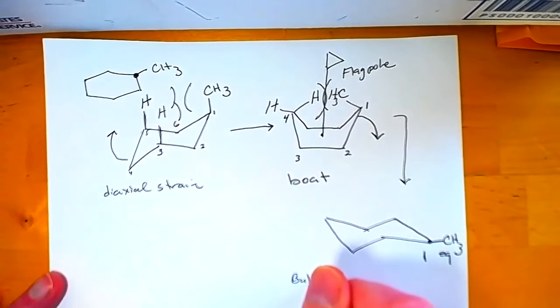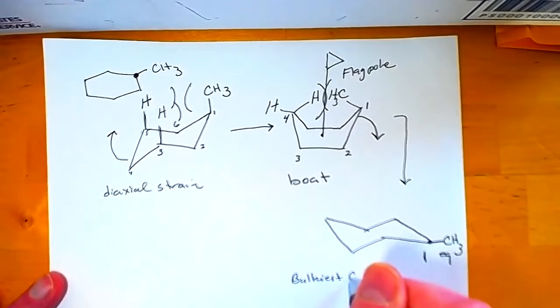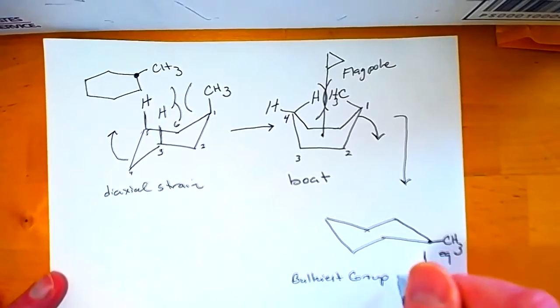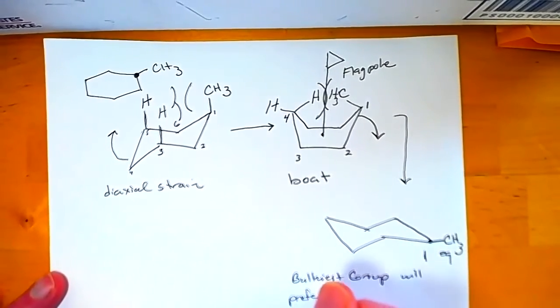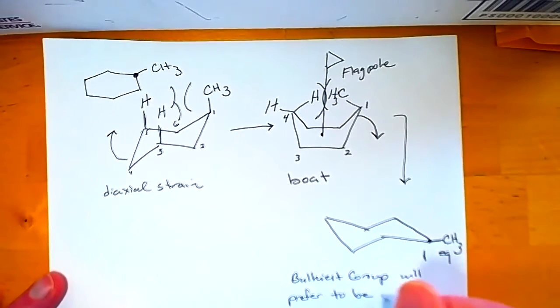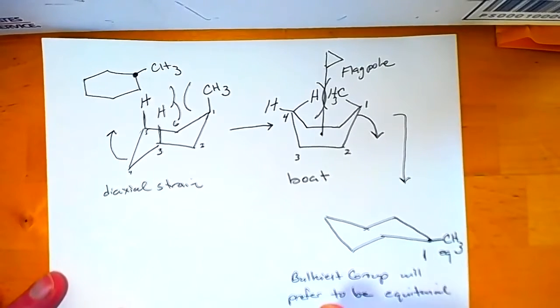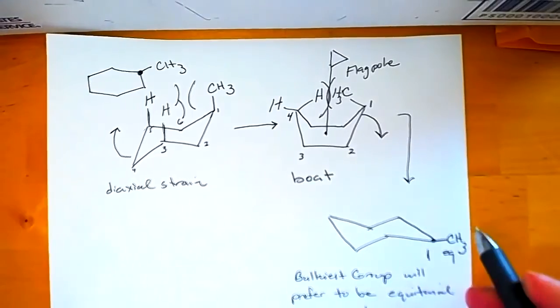So the bulkiest group will prefer to be equatorial in the lowest energy conformation, because there is just less sterics here.